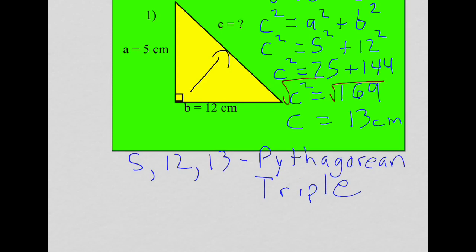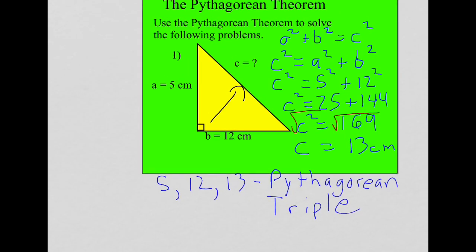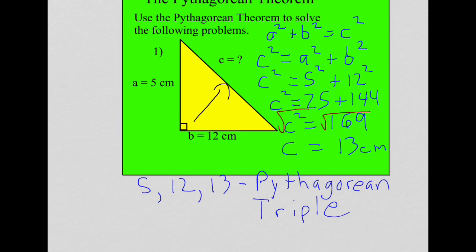And if three sides of a triangle follow that, then we know it's a right triangle, because the Pythagorean theorem only applies for right triangles. That's how we use the Pythagorean theorem to solve math equations.